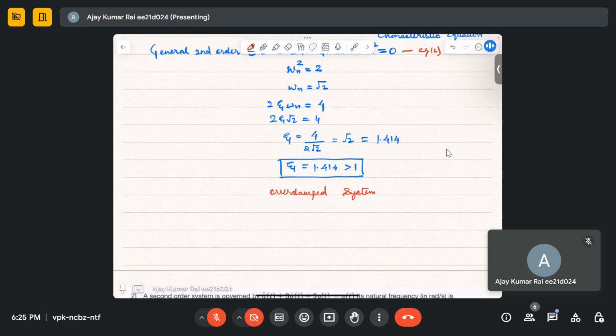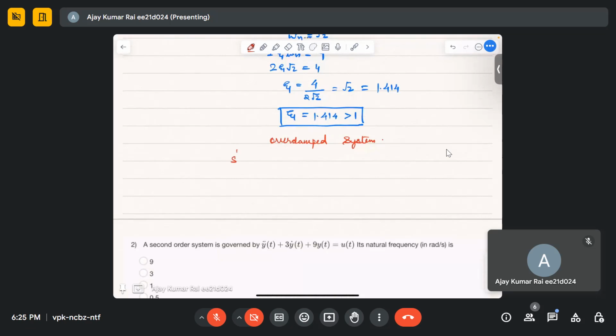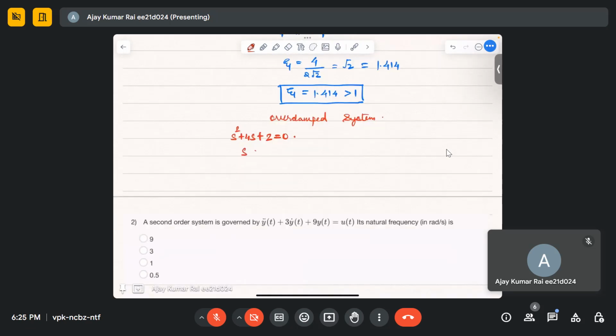Another thing you can do: you know this characteristic equation, s square plus 4s plus 2. You can find the roots also. Minus 4 plus or minus the square root of 16 minus 4 into 1 into 2, all by 2.